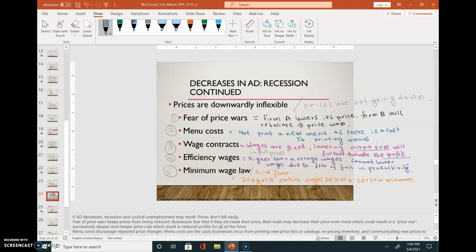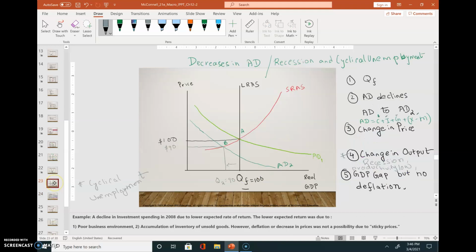That means the wages cannot go down below a minimum point. So we can't really lower wages, so we are not going to lower prices as well. Okay, so these are the reasons why we have sticky prices, sticky downwards.